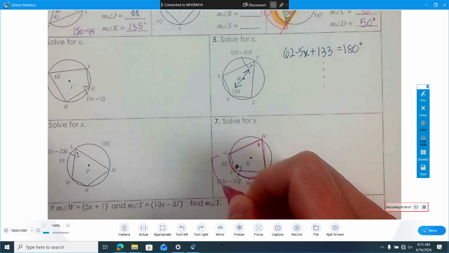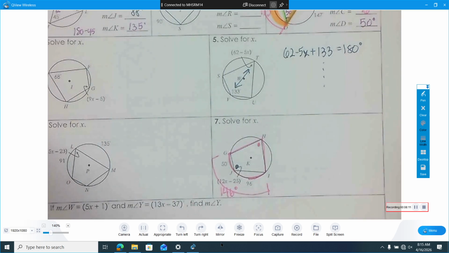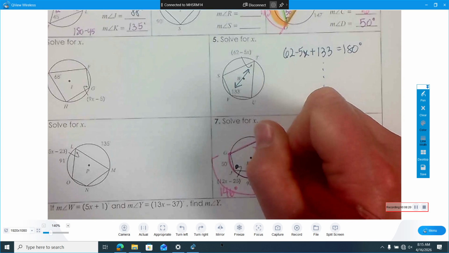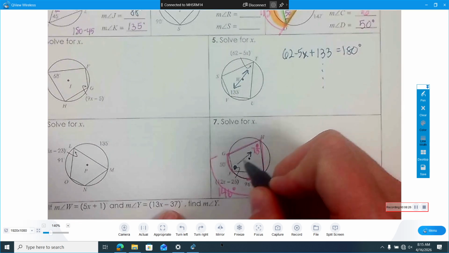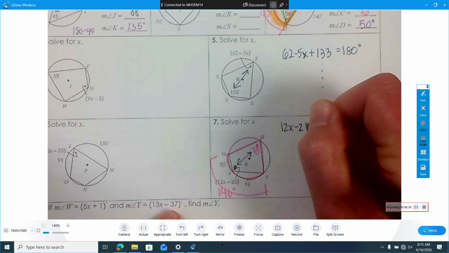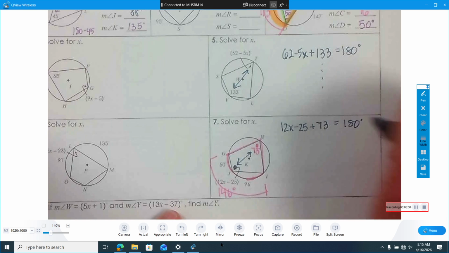That is how much? 146. So that whole arc is 146 degrees, which means angle H is 73. Now since these are opposite angles and they're supplementary, 12x minus 25 plus the 73 should equal 180 degrees.